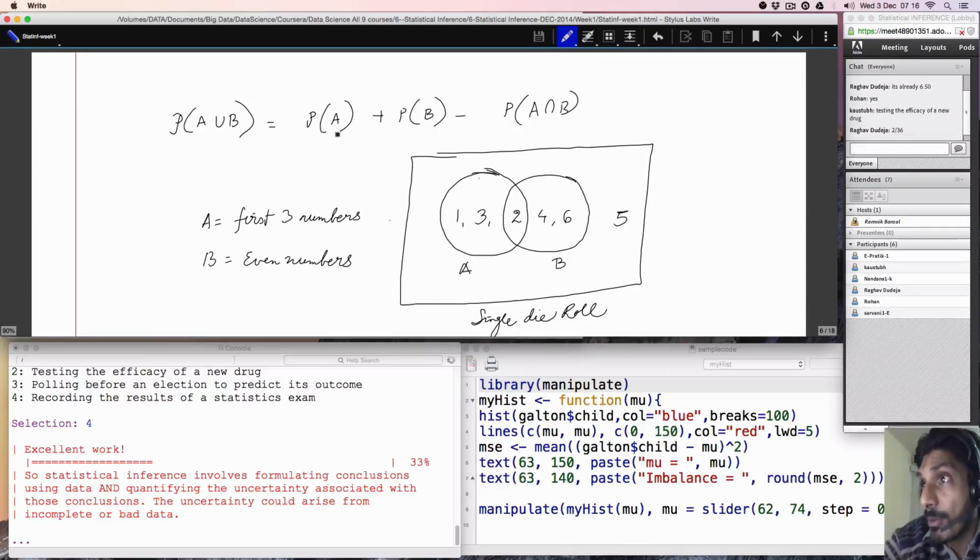What is the probability of A union B in this case? What's the probability of A union B if you were to just directly look at it? How much will that be?